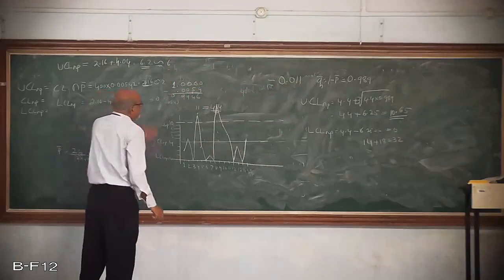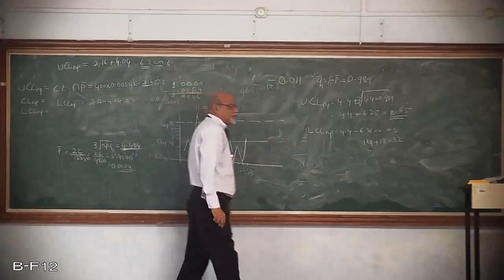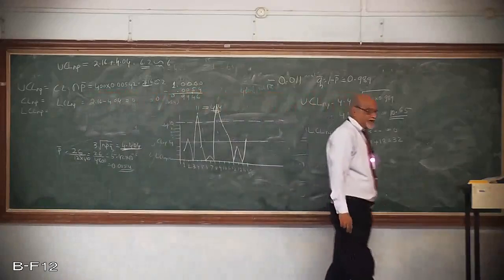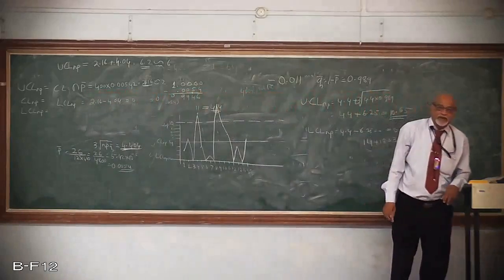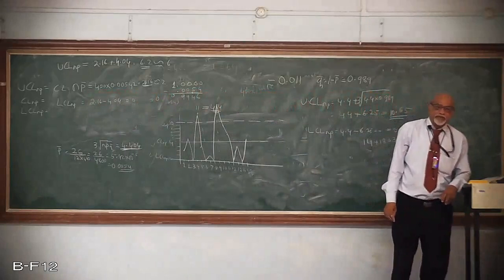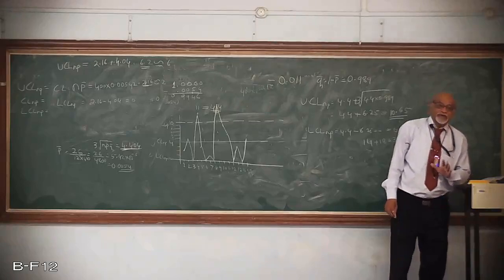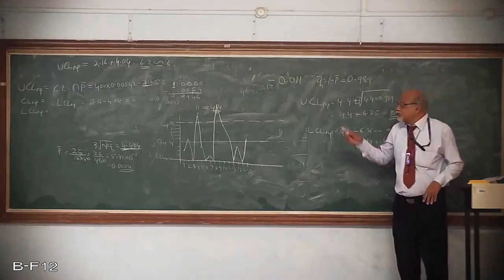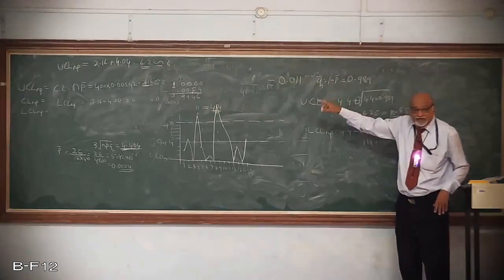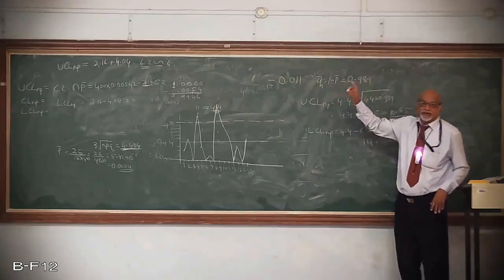That means the remaining, after eliminating the 3 points, namely sample number 4, sample number 9 and sample number 10, we are left with 12, not 15 lots, 12 lots, and their values need to be compared with the revised trial control limits.